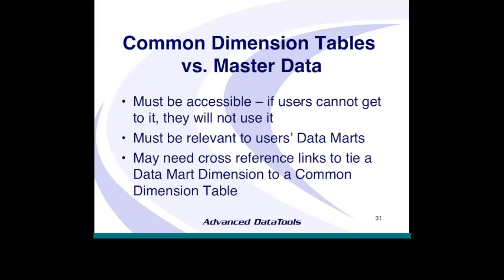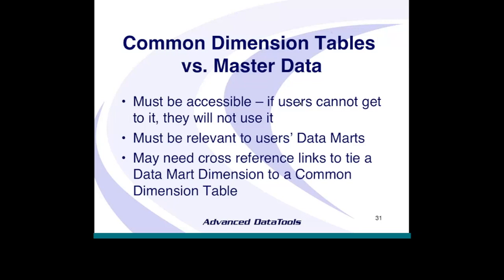Now, this is different from a master data system. It's sort of like a master data system, but it's different. Master data is when you want to control and have the official data standards. Common dimensions have to be a little bit more uncontrolled in that people need to be able to add data real quick.